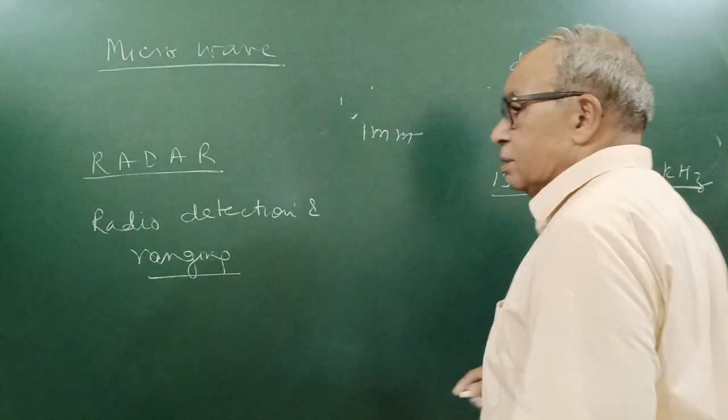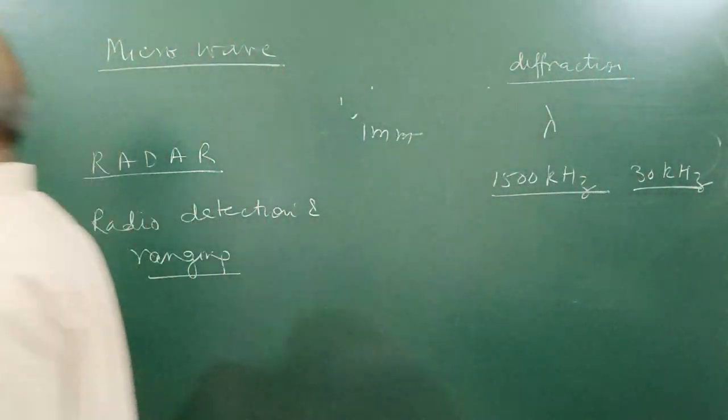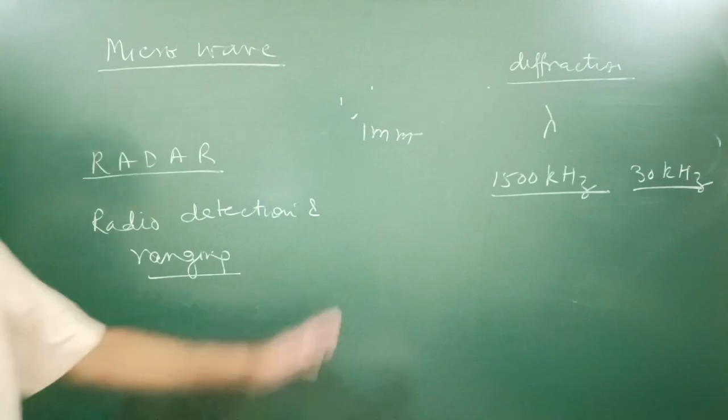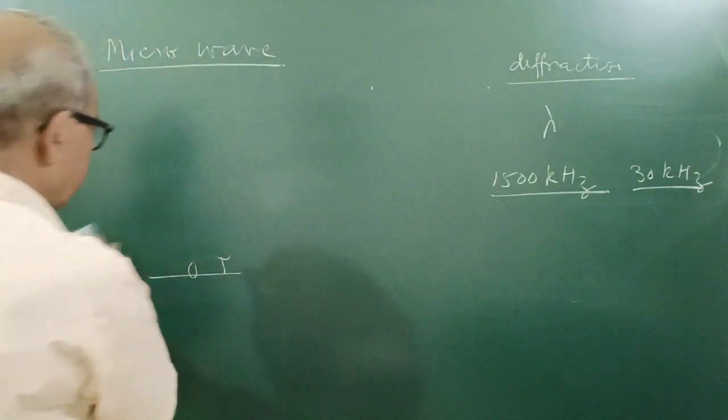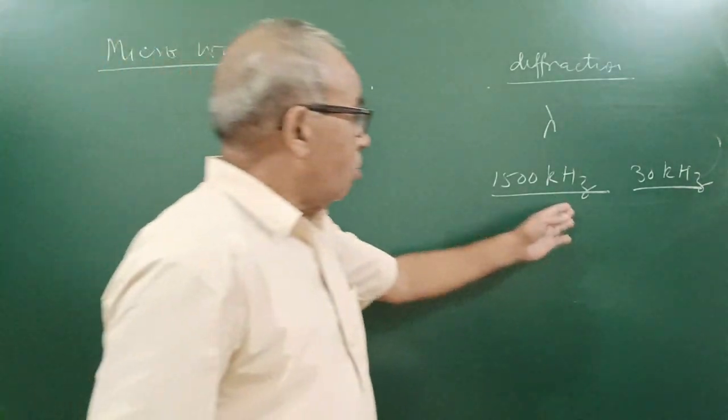These radio waves are produced by vacuum tubes and oscillatory charge circuits like LC circuits. They are used in radio communication.